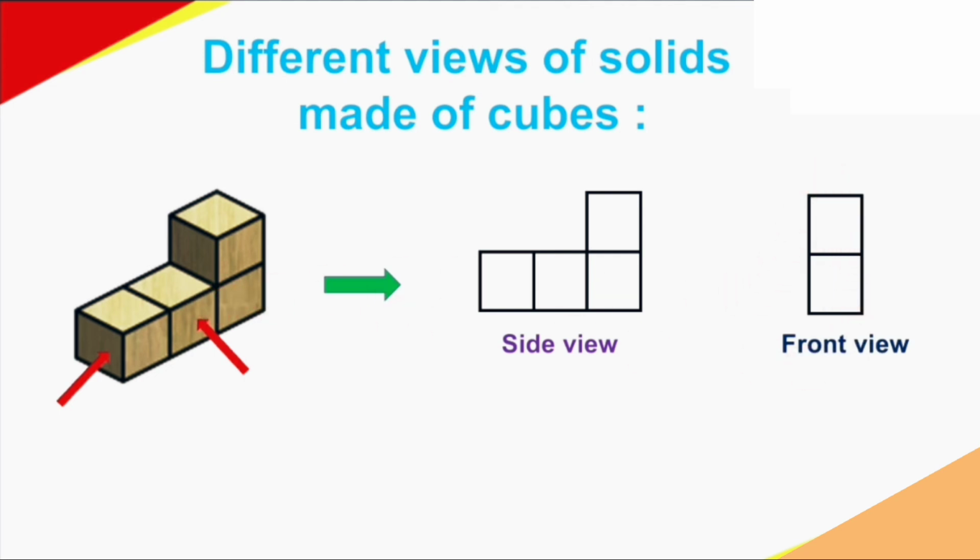Next, if the solid is viewed from the top, then how many cubes are there, children? Yes, there are 3 cubes which are arranged in this way, so that it is called the top view of a given solid.